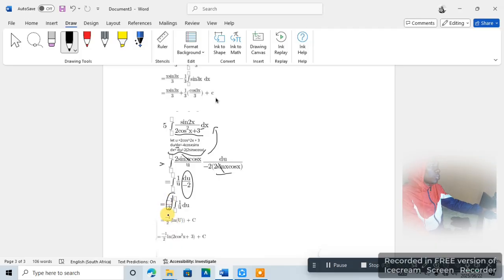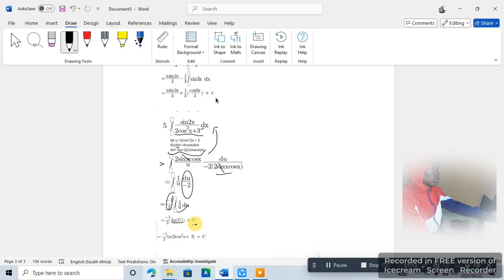Minus 1 over 2 multiplied by the integral of 1 over u. Then the integral of 1 over u gives us what? The ln u. So minus 1 over 2 multiplied by the ln u plus c.